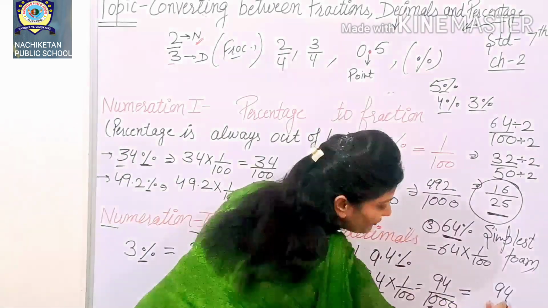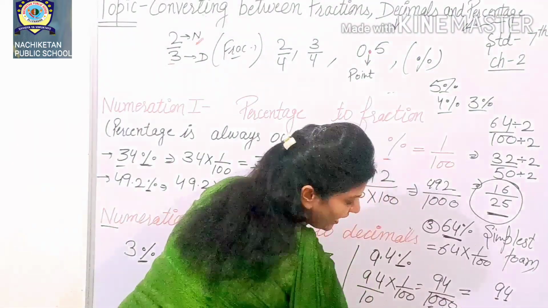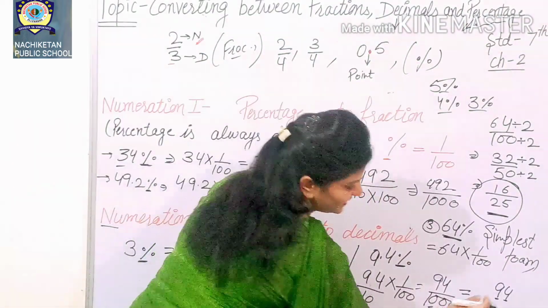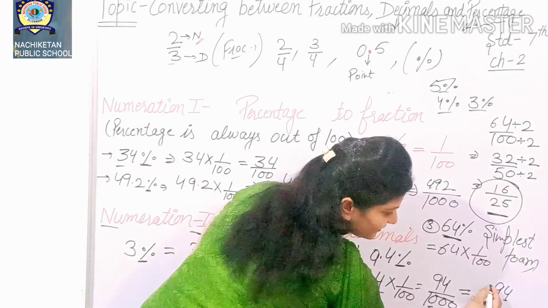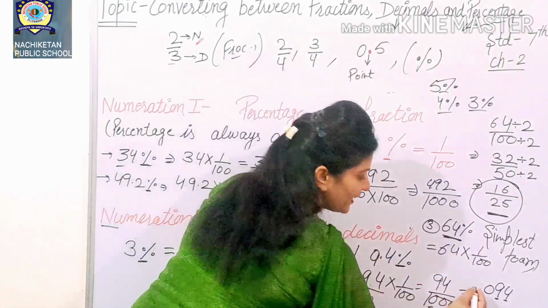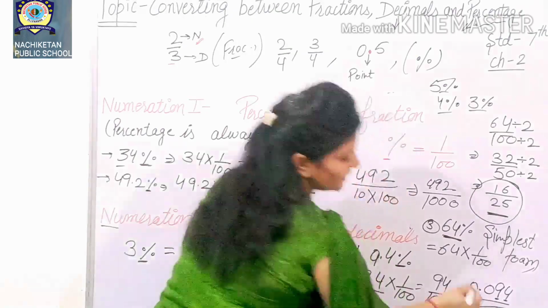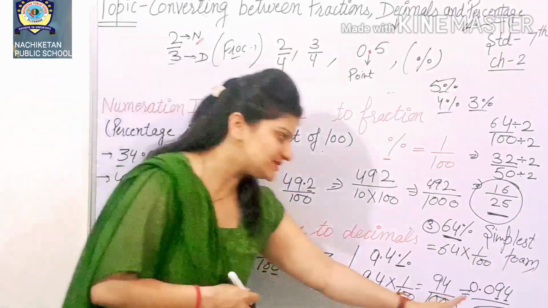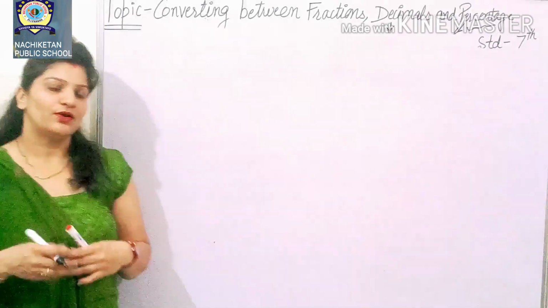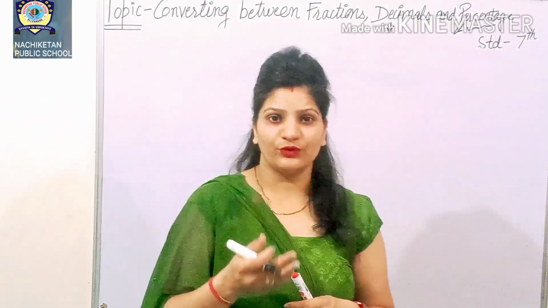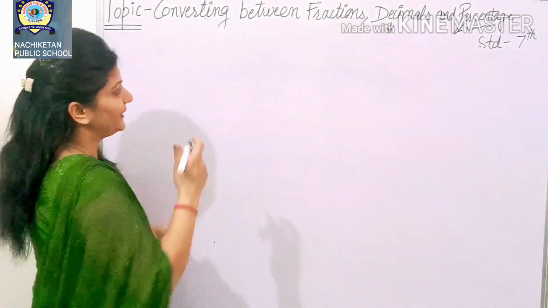What we will do? 1 digit, 2 digit, and I want a 3 digit. That's why I will place here a 0. Clear? Now you can write here a point and your answer will be 0.094.